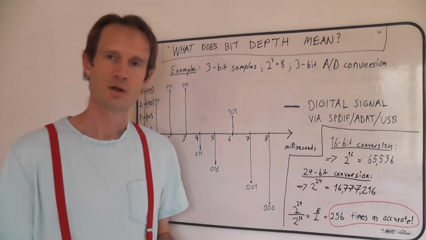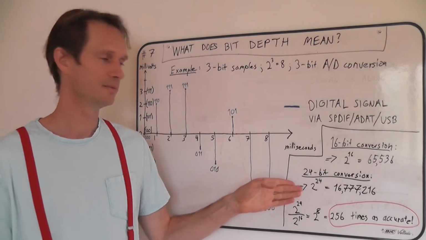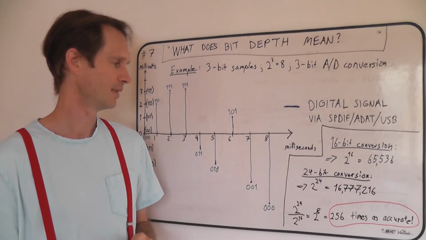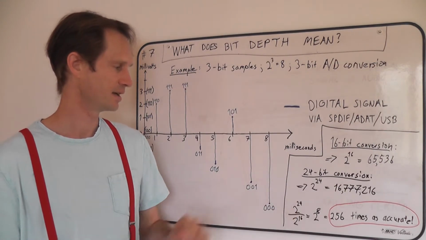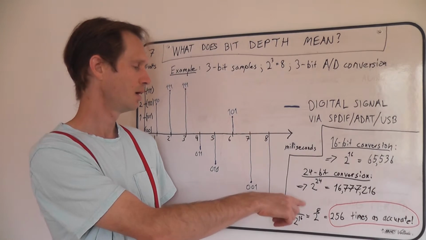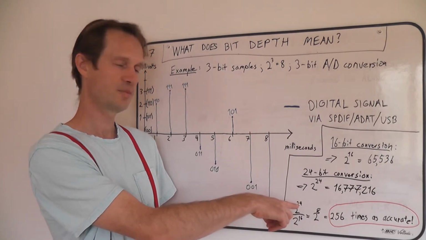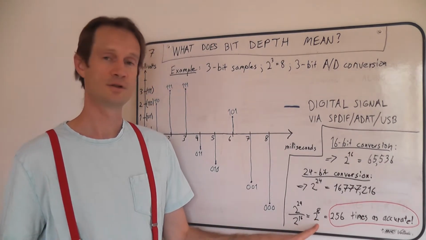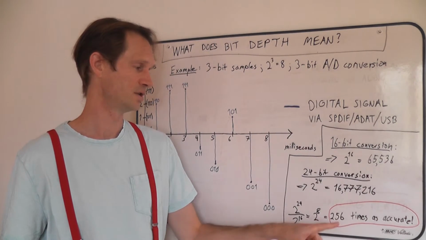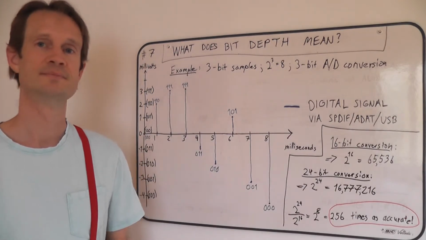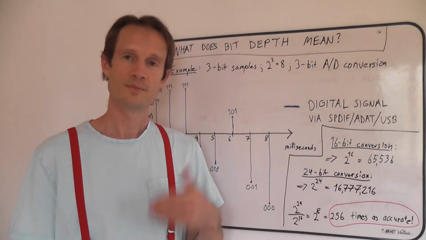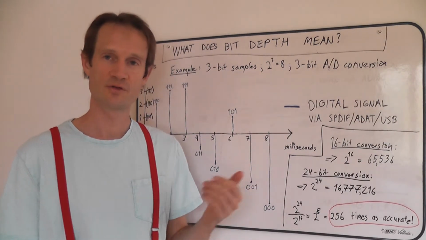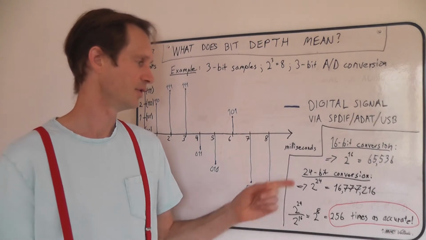And we could do the same calculation if we wanted to compare 32-bit audio to 24-bit audio. It actually comes out to the same thing, because 2 to the 32nd power over 2 to the 24th power is also equal to 2 to the 8th power, which is 256. So we could also say that 32-bit audio is also 256 times more accurate than 24-bit audio.